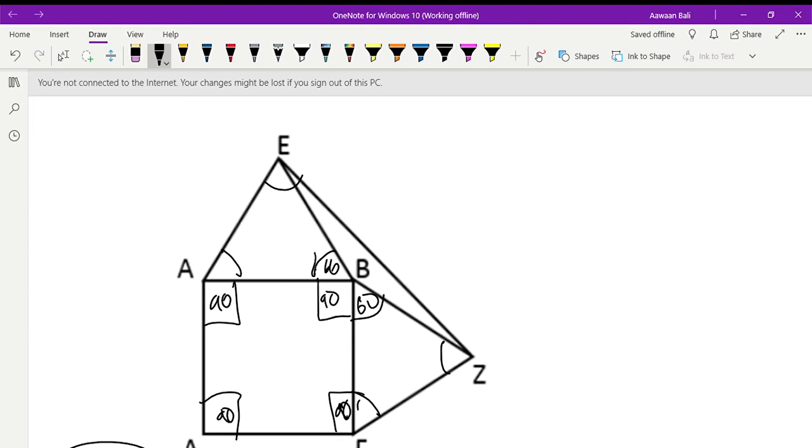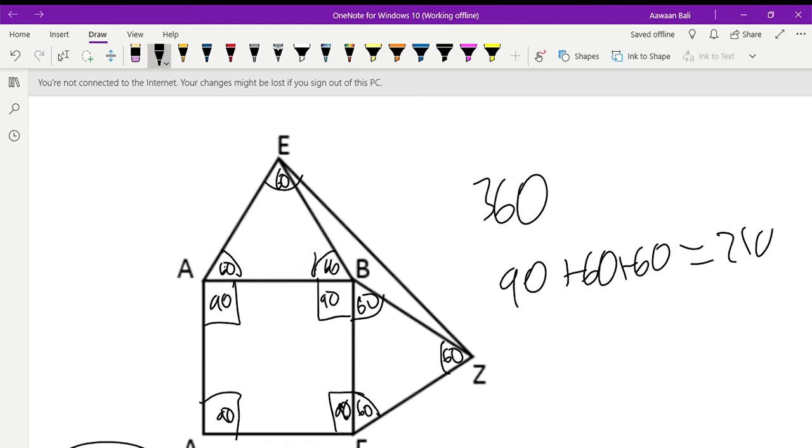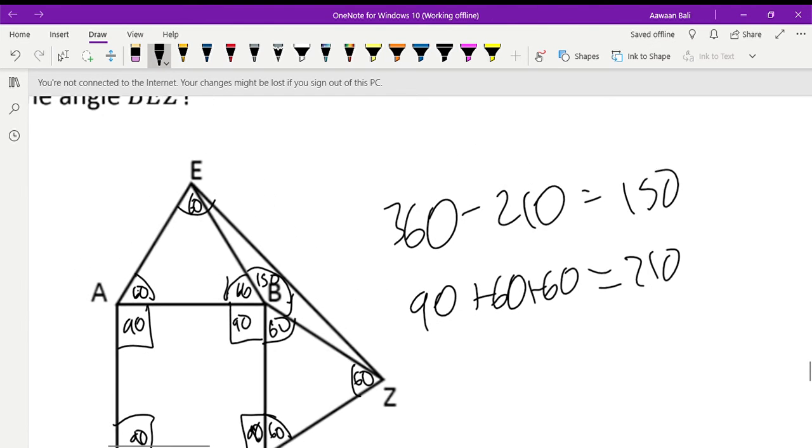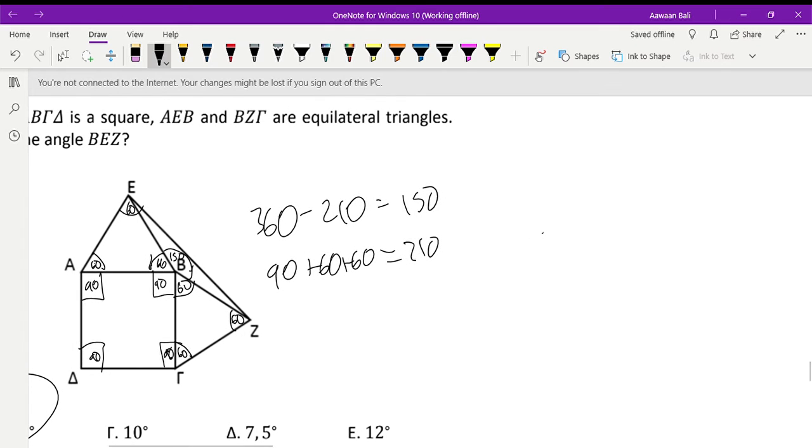You get the idea. So now, since we know the angles around a whole point make 360 degrees, we can just add 90 plus 60 plus 60, which is 210. 360 minus 210 is 150. So we know the angle here is 150. Since we know that all of the angles make a full circle and they add up to 360, this is technically correct. Now all the angles in a triangle, it's 180.